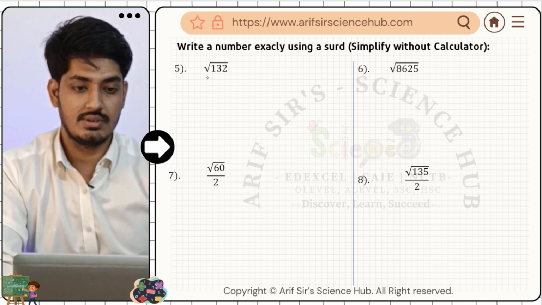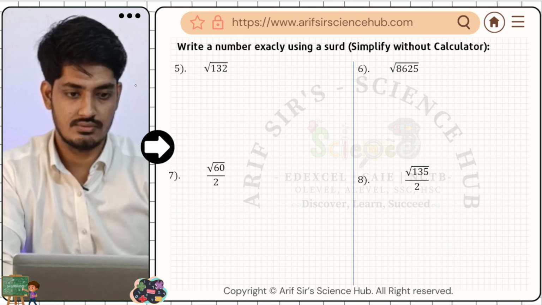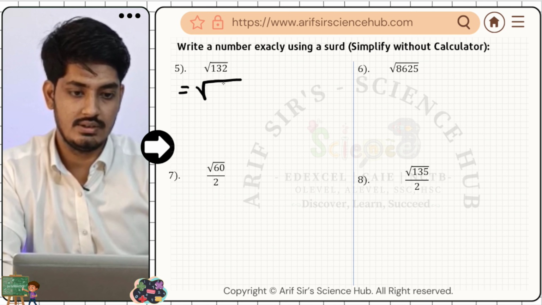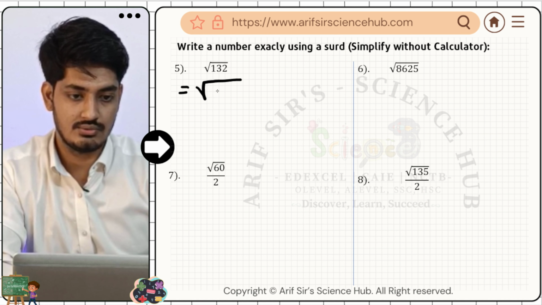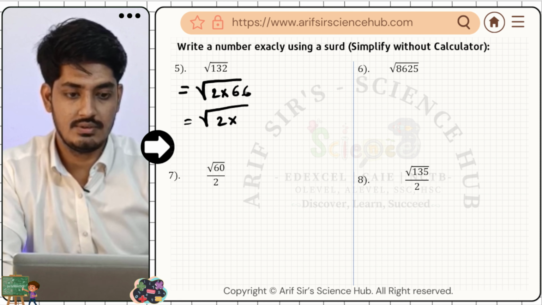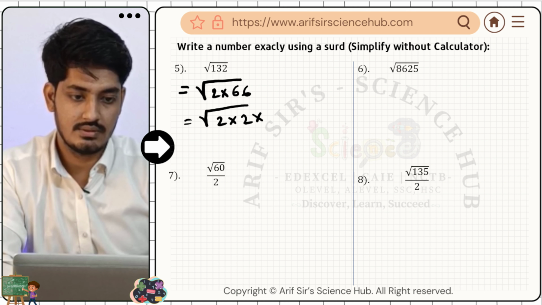Now we have to simplify this square root 132. How can we simplify this? This 132, we can easily divide by 2. If 132 is divided by 2, then it should be 2 into 66. Okay, if we further divide 66 by 2, then it should be 33.